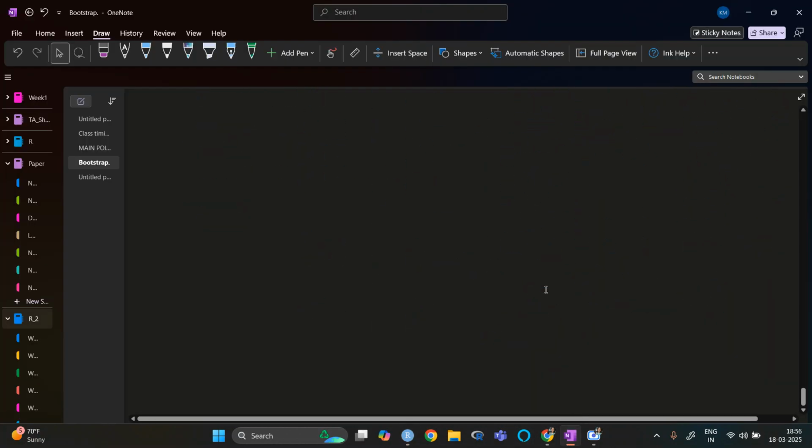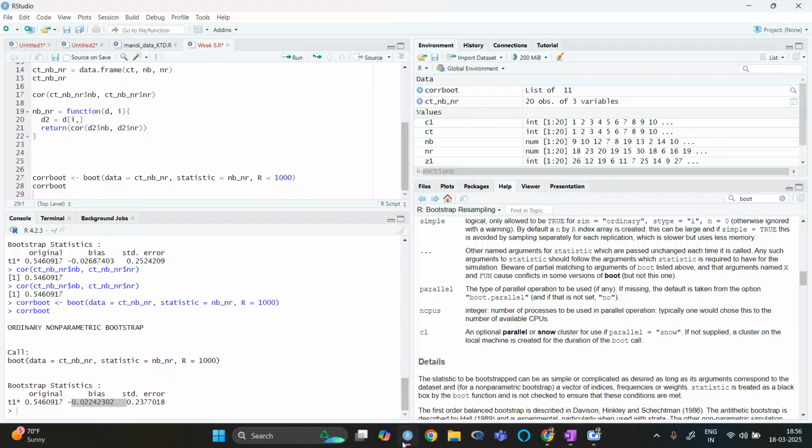So this is our real value, 0.546, and this is the biasness, which you can see is very small. So it is 0.0224. So you can see that original one, and biasness is the mean, and then a little bit biasness from that, and standard error also you can see is very small. So variation is also very small. So this one is correlation.